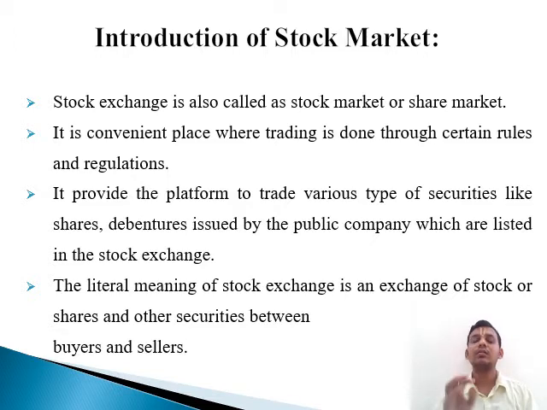First thing is that the company or the investor should be registered with the stock exchange via their brokers or any other intermediary. Normally in the stock market, we have to transact with the help of intermediaries. Usually these intermediaries are the brokers or other participants in the stock market, who help us to have our dealing in the stock market.